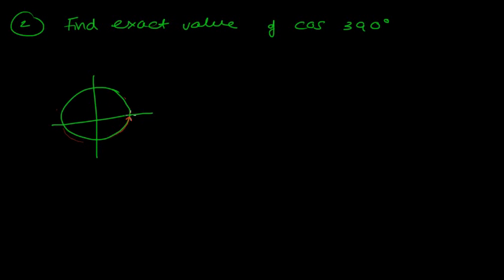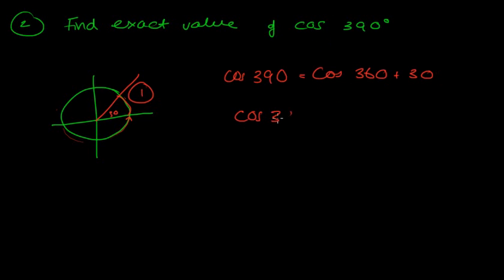But I've still got 30 degrees to go. So you just keep going an extra 30 degrees. So you're going 360 once, and then an extra 30. So cos 390 is the same as saying cos of 360 add my 30 degrees. We already know it's in that first quadrant, so we already know that my cos 390 is going to be a positive value. So all I need to figure out is what cos 30 is going to be.